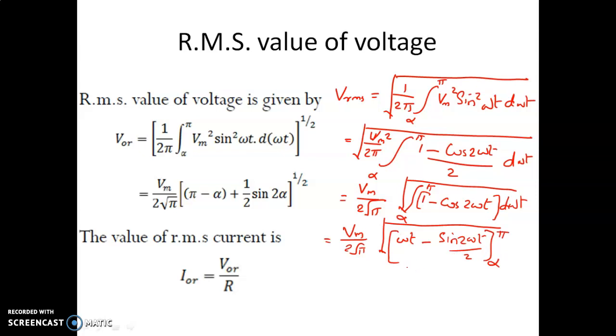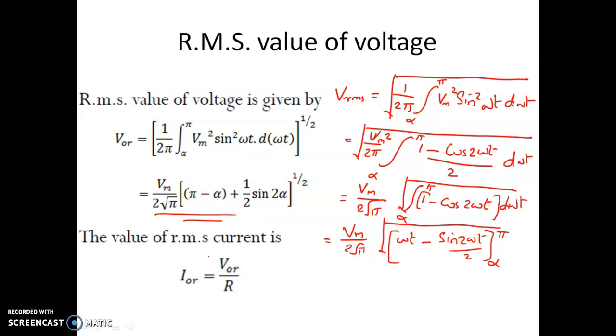When you are substituting alpha and pi, you get Vm by 2 root pi times the root of pi minus alpha, then 1 by 2 into sin 2 pi minus sin 2 alpha. Sin 2 pi is 0, so you will get half into sin 2 alpha. That is the equation.